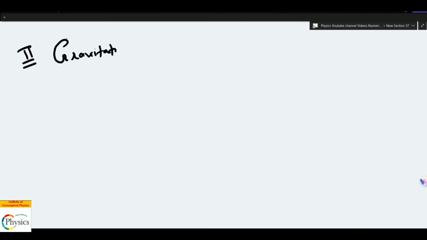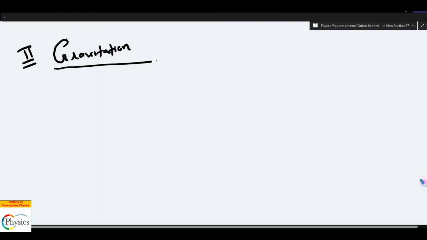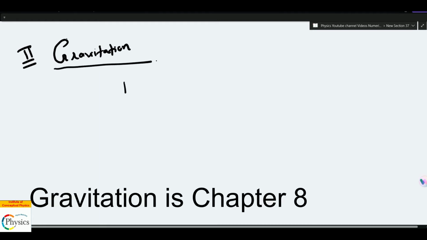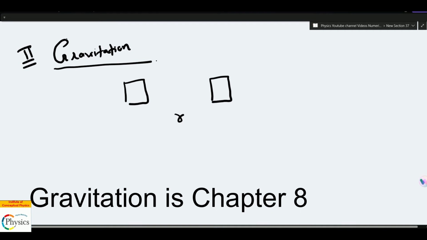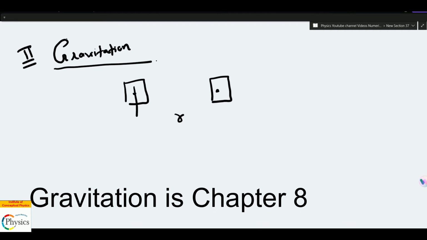Now the reality is that if you go to the chapter on gravitation, in the gravitation chapter you have a situation where you have two masses separated by a distance r, let's say measured from the centers of the two masses.